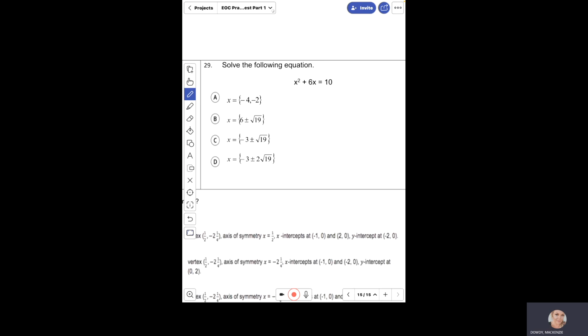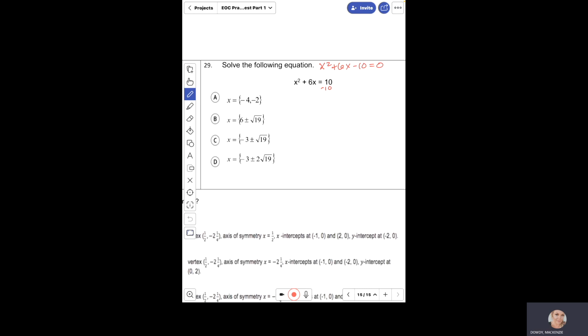All right, so this is the same concept as the one that we did on the workspace. Okay, I'm going to write it up here somewhere so I have more room. x squared plus 6x minus 10 equals 0, because we needed to subtract 10 from both sides.